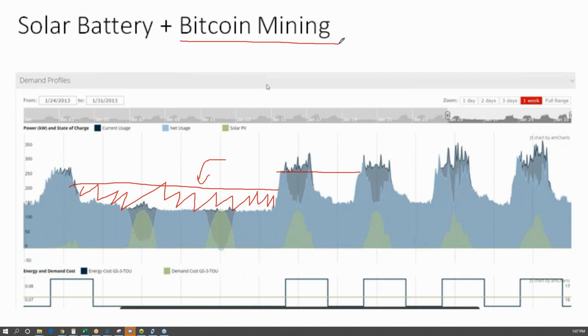Bitcoin mining is a way of converting electricity into money. And it only works profitably when you have cheap electricity. And so there's tremendous environmental concern about Bitcoin mining, because it can be done in countries that heavily subsidize their electricity costs.